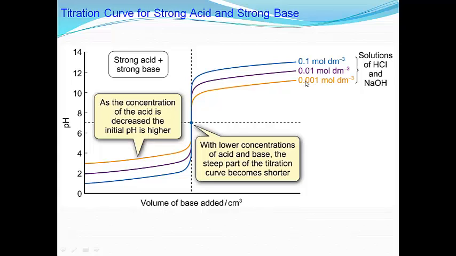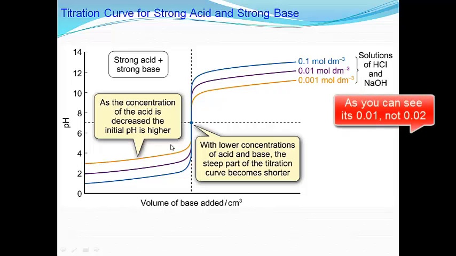So in this case, where we have the HCl and the sodium hydroxide being 1,000 times smaller than what it was at 0.1, then we see that the pH at the start of the reaction is higher, right? So if you look at 0.02, it is higher than that for 0.01.